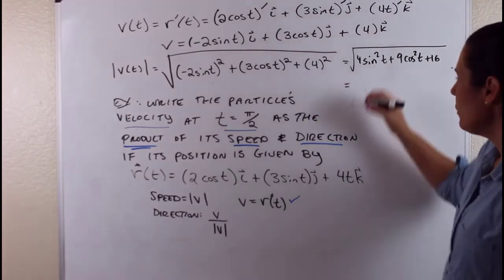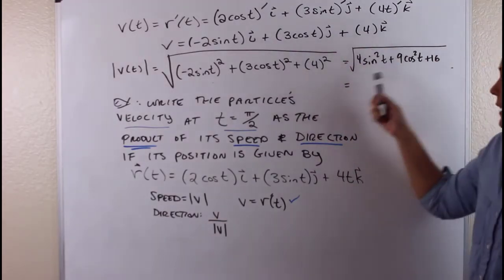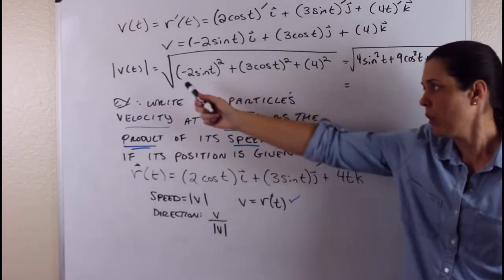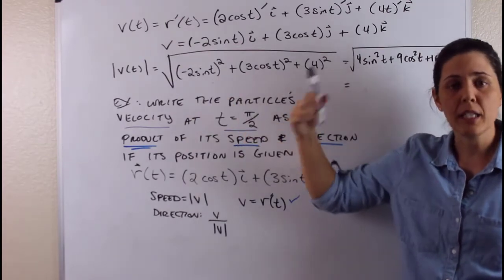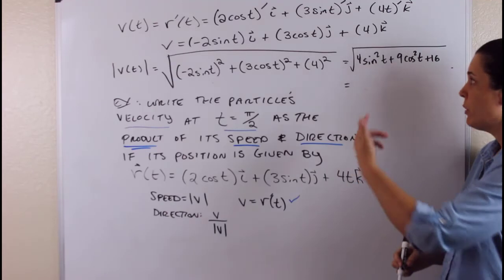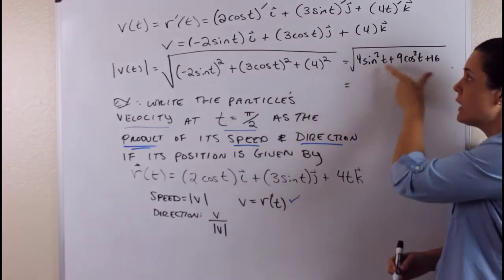Alright, we are going to plug in our value for t, but what I want to show you real quick before I do is that depending on t, we will get different values for our speed, or magnitude of our velocity. I know that from the fact that t is still present. This is not a constant number.